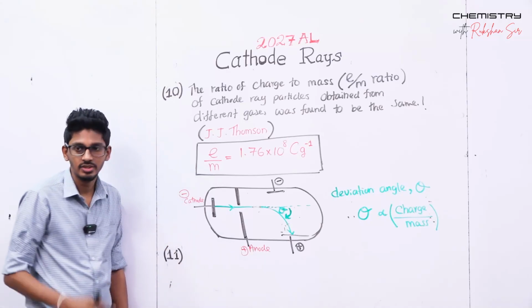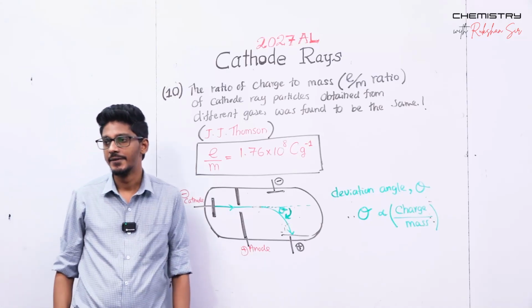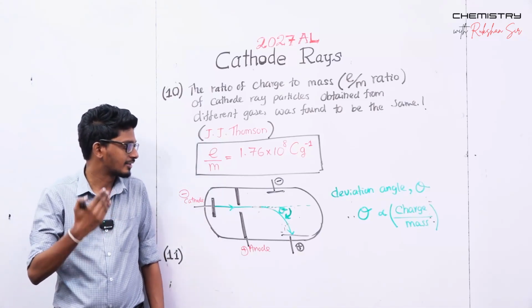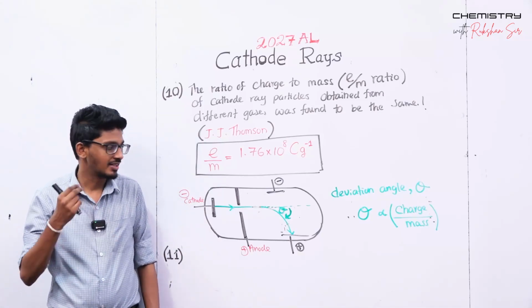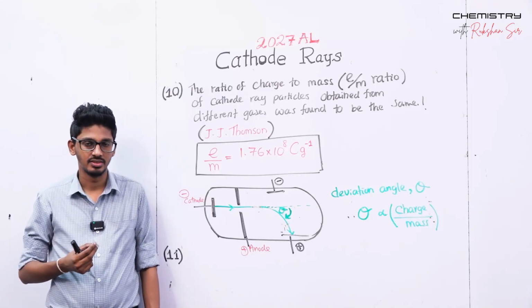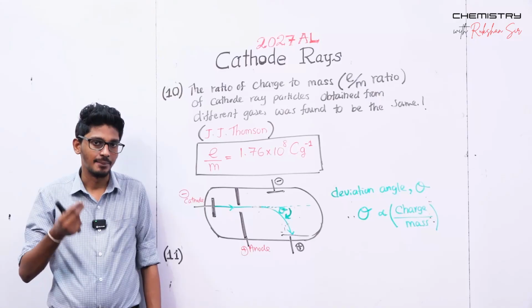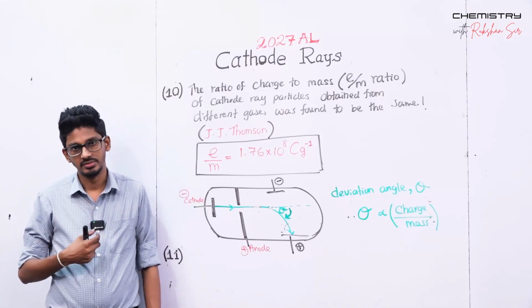That is how Thomson concluded the electron. That is how Thomson concluded that these cathode rays are the fundamental charge carriers, appearing inside the matter.